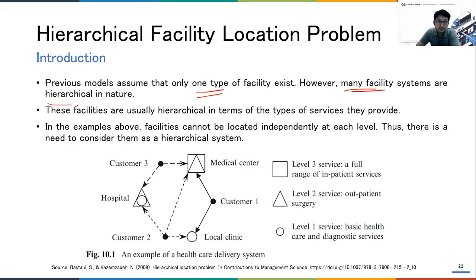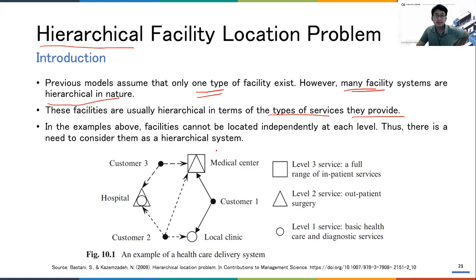Many facility systems can be considered as this type of facility location problem, so-called hierarchical. So basically, what are hierarchical facility location problems? They consider that the type of service provided by every particular facility is different from one to another.